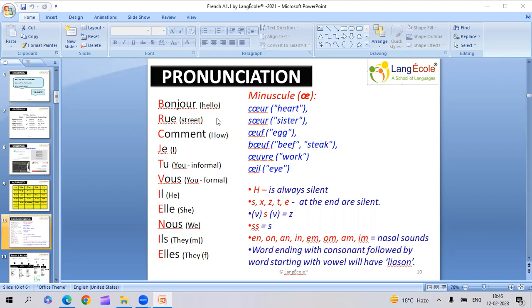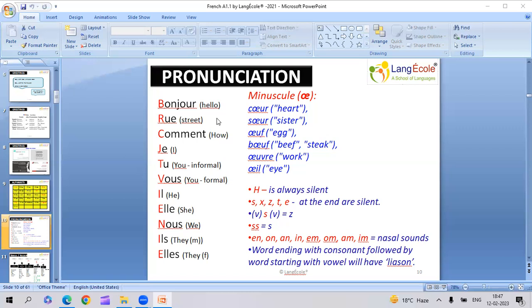Je is not J-A, remember? Je. Tu. Vous. Il. Elle. Nous. Il. Elle.